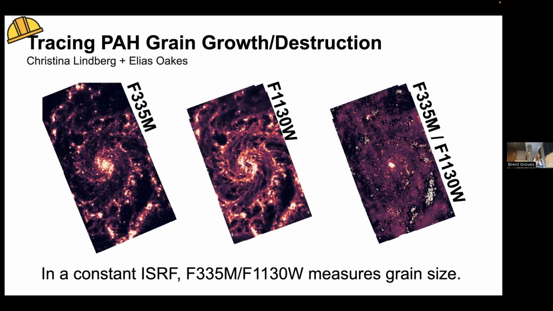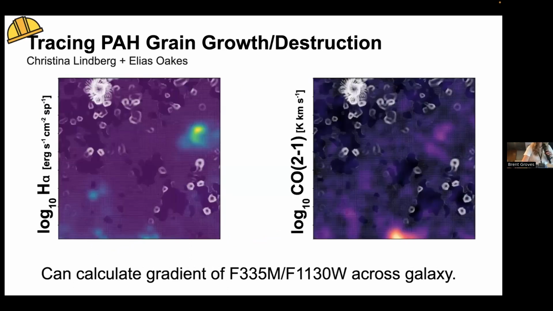Assuming a constant interstellar radiation field, the ratio between the 3.3 and the 11.3 PAH bands is supposed to be able to trace the different grain sizes of PAHs. Using NumPy gradient, we were able to figure out where there are variations in the general PAH grain sizes using this ratio.